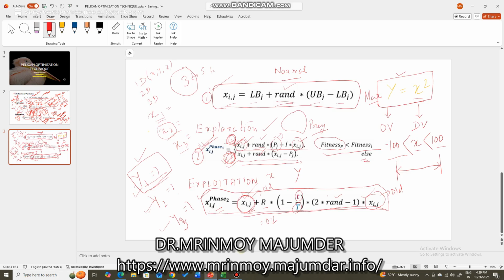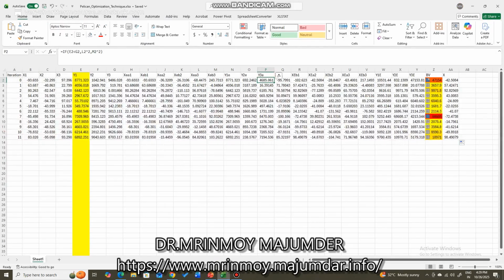Now how can you execute this optimization technique in an Excel sheet? Let us see that. Here the x1, x2, x3 columns are our 3 agents. If you are considering 5 agents, you use 5 columns; if 10 agents, 10 columns, and so on.